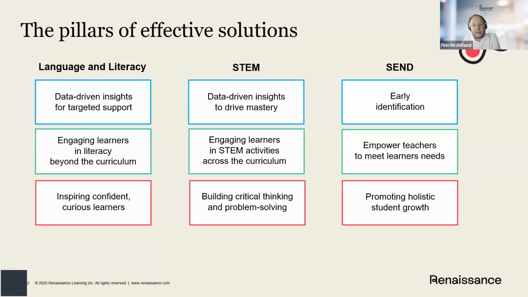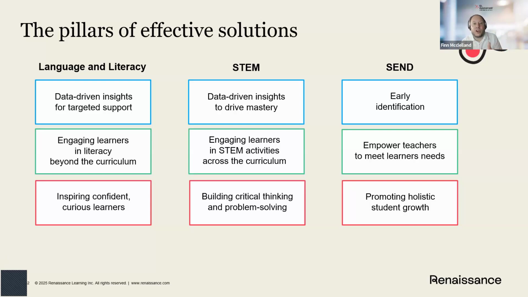Next, we adapt. With those insights, teachers and the provision they're providing to their students can be tailored far more precisely. CAT4 supports more inclusive classrooms by helping your teachers to adapt their curriculum, strategies, and support to meet different learner needs without lowering expectations. And finally, accelerate.